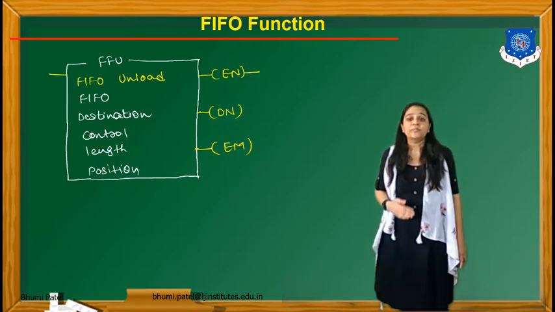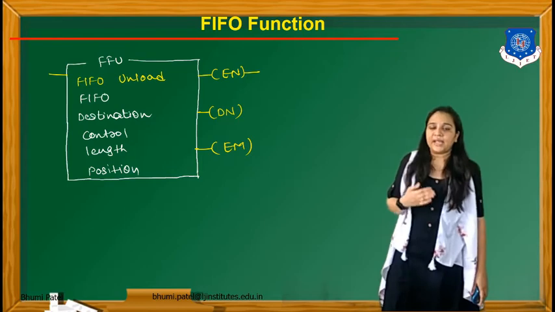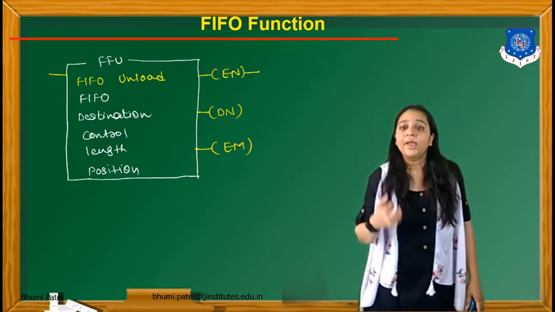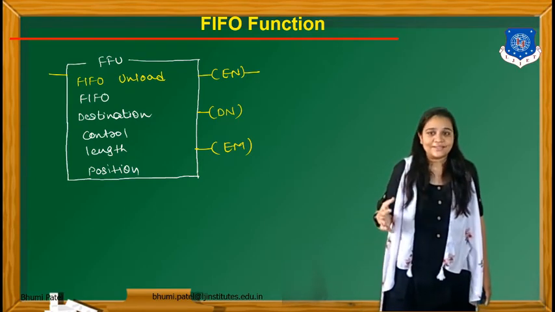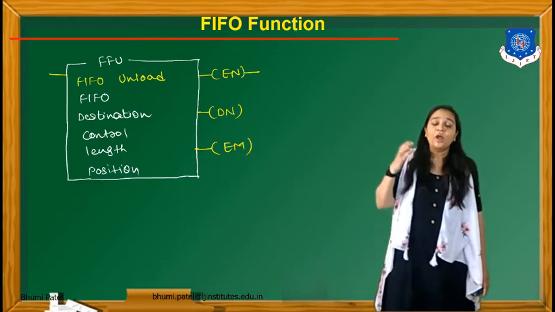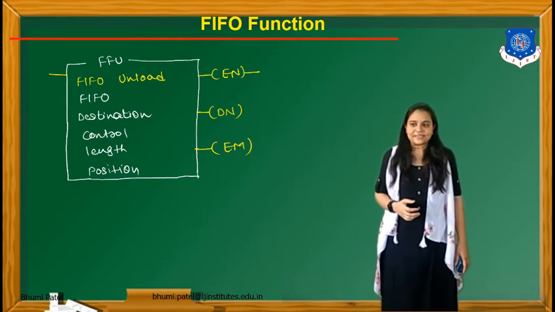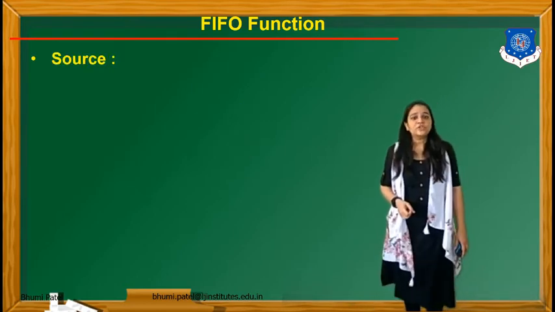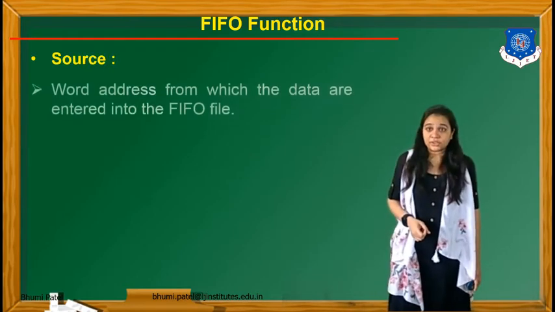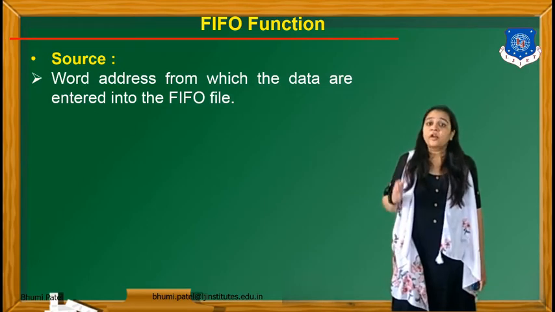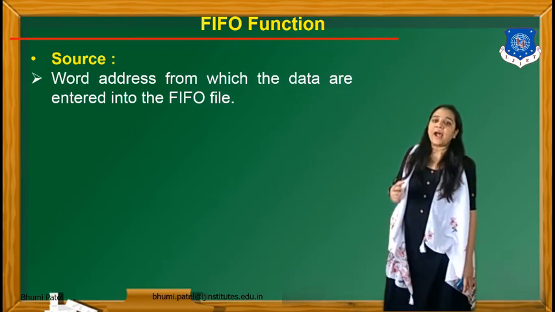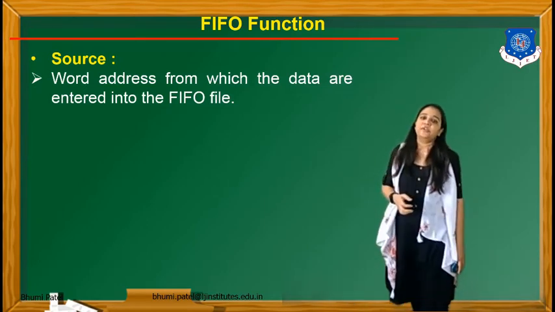What is the use of the enable bit, done bit and empty bit for this system, and what is the use of the destination, control, length and position for the FIFO load and FIFO unload? We will study that in the next slide. First of all, what is the source? It is the word address from which the data are entered into the FIFO file.